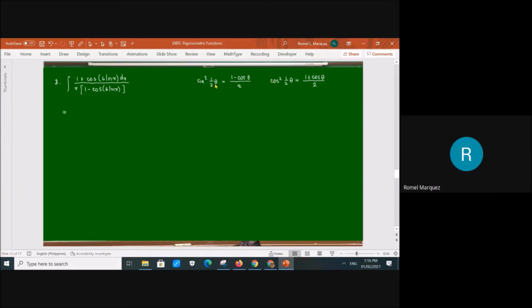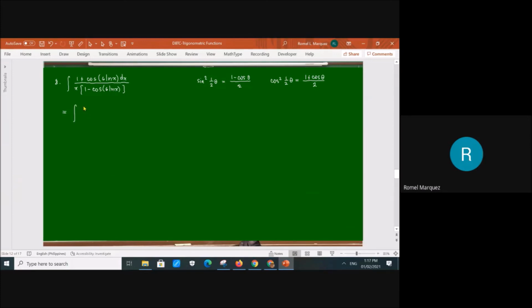Guys, kung 6 dito, ang coefficient ng theta sa cosine, what is the coefficient of theta in sine squared or in cosine squared? Guys, you just take half, okay? Kung 4 ito, 2 rito. Kung theta, 1/2 theta. Okay, guys?